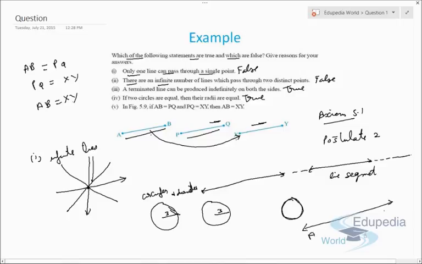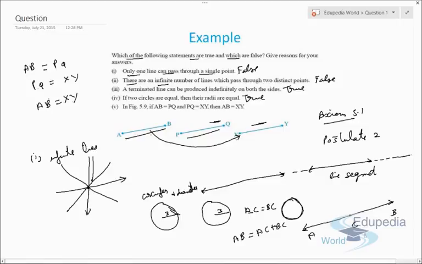AB and point C. Now if AC equals BC, or it can be written like AB can be written as AC plus BC. Meaning if these two points and these two points coincide on the same thing, they are equal to one another.